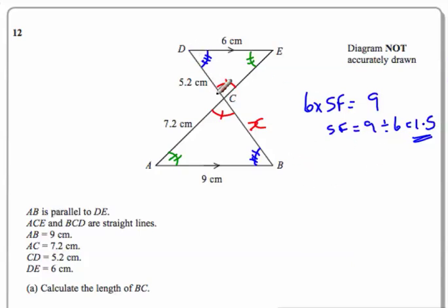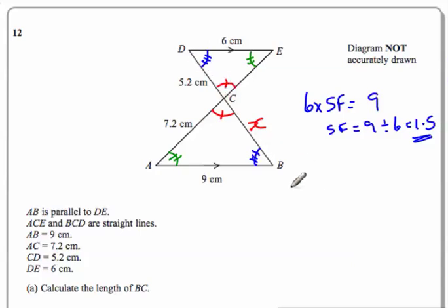Now if we look at this length here, it corresponds to this one here. We're going from the red angle to the blue angle here, and from the red angle to the blue angle there. So these two sides correspond to each other.